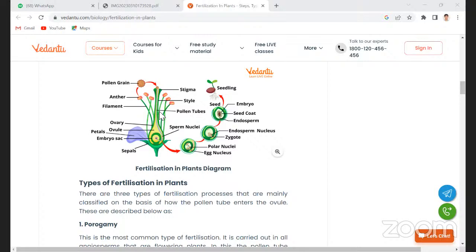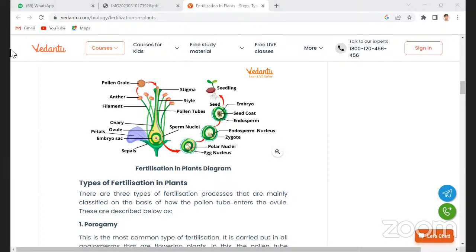It is called monosiphonous. But in some taxa like Campanulaceae, Cucurbitaceae, and Malvaceae, more than one pollen tube may be formed from each pollen grain. It is polysiphonous.